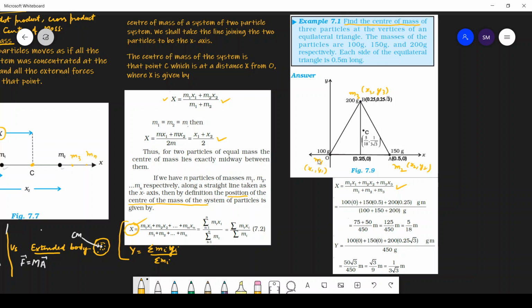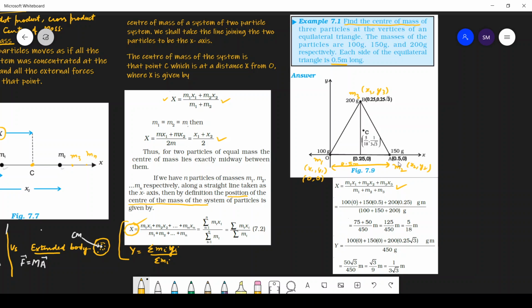This is an equilateral triangle and this is the origin, so the coordinates x1, y1 are 0, 0, no problem with it. Now what are the coordinates of this point? As this is an equilateral triangle and the side is 0.5 meter, this distance is 0.5 meters.